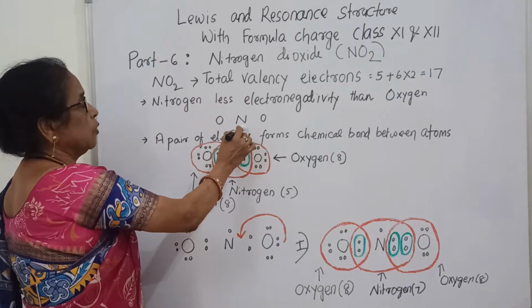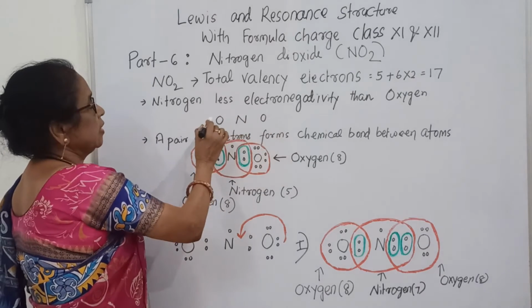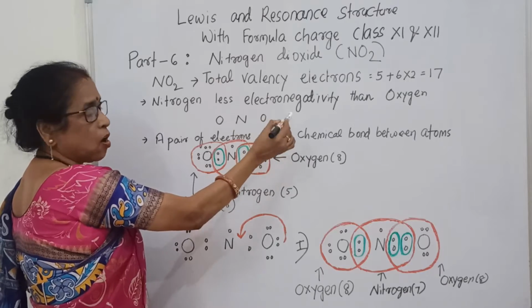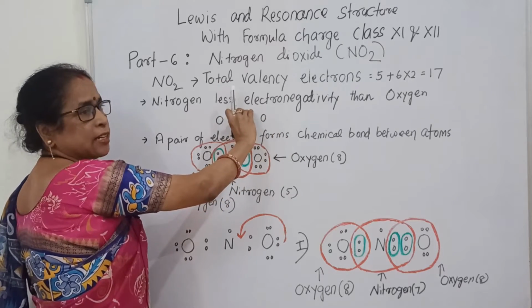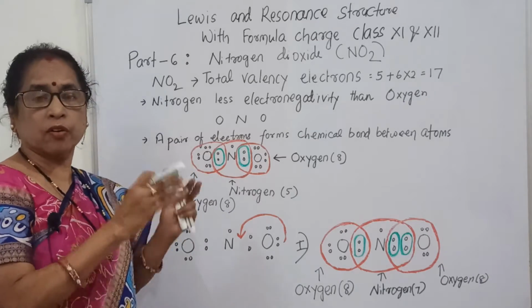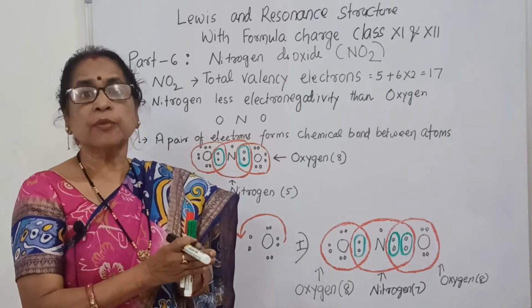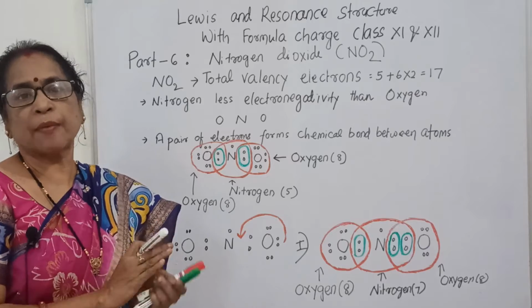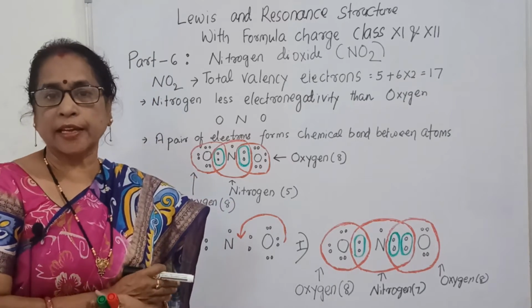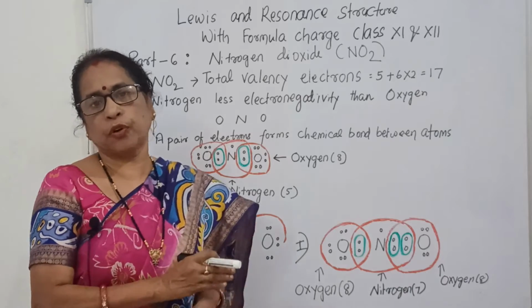So nitrogen in the center, this side oxygen, this side oxygen. Next step, a pair of electrons is placed in the middle between the atoms so that it forms chemical bonding. You know a pair of electrons, by only sharing, forms a covalent bond.